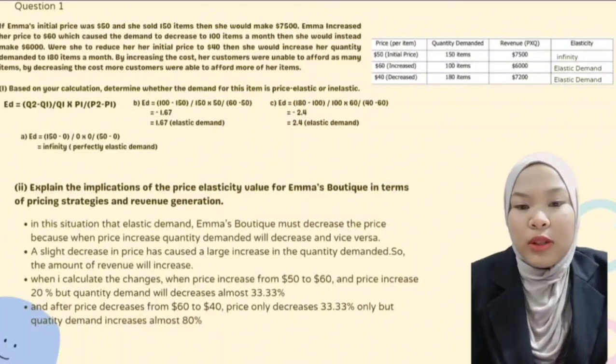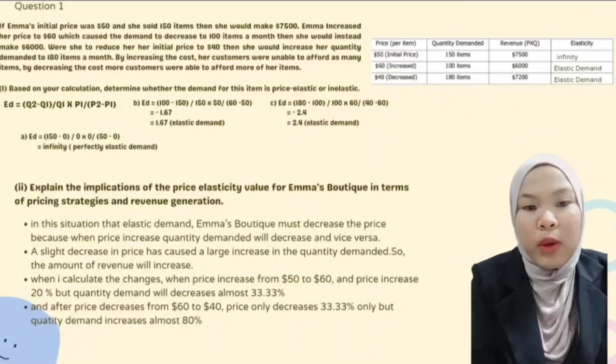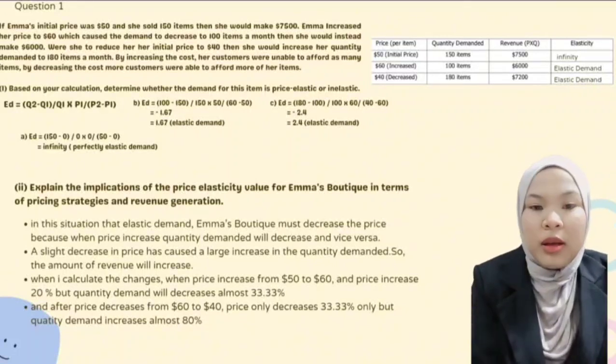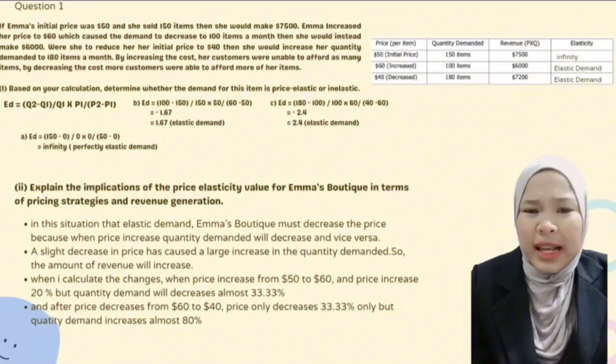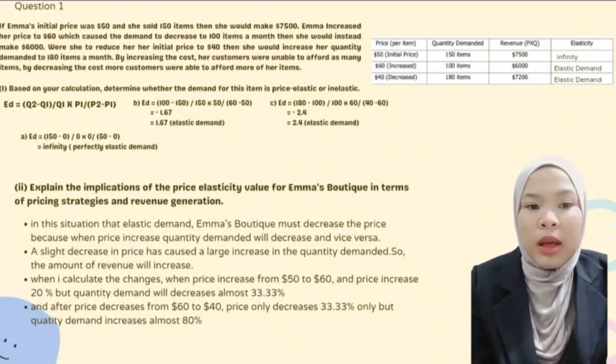So I move on to the second Roman numeral of question 1. In this situation, I know all the calculations are elastic demand. So Emma's boutique has used pricing strategies where they must decrease the price, because when the price increases, quantity demanded will decrease, and vice versa. A slight decrease in price has caused a large increase in the quantity demanded, so the amount of revenue will increase.